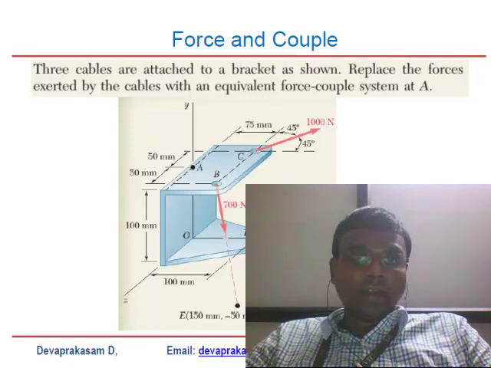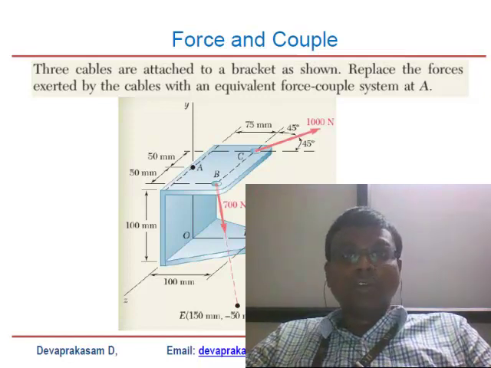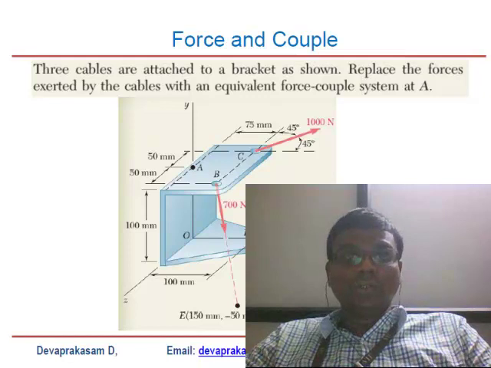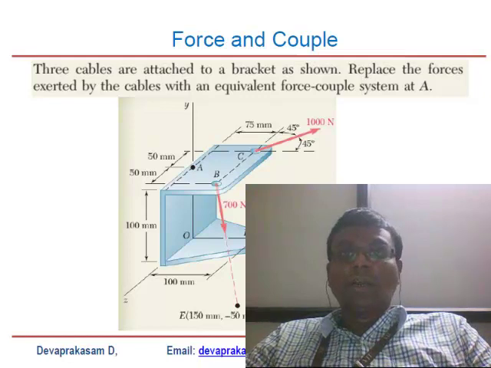So if you see here, this is the force and couple problem. You see the bracket, which is three-dimensional, attached to a wall. There are cables which are also attached.